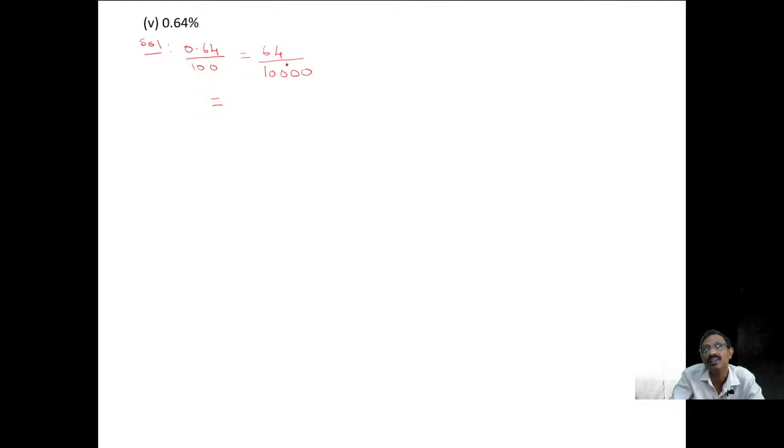So let me use the 16 times table here. 16 fours are, 16 into 4 gives me 64. But when you are using 16 here, similarly we have to use 16 here. So 16 multiplied by which number gives me this? 625.